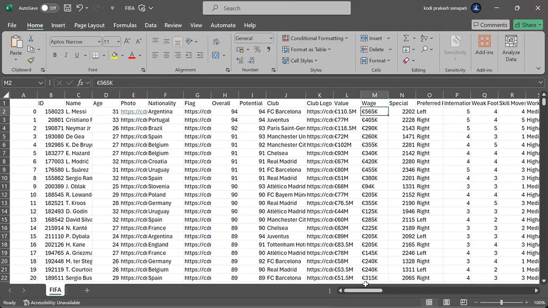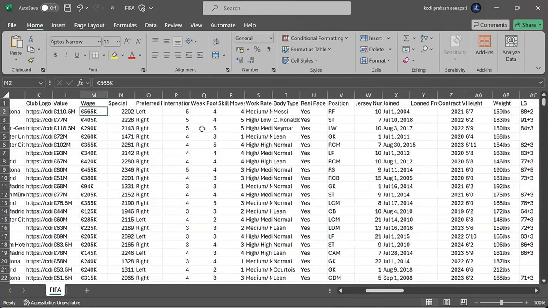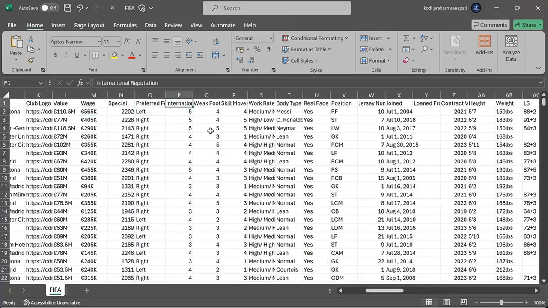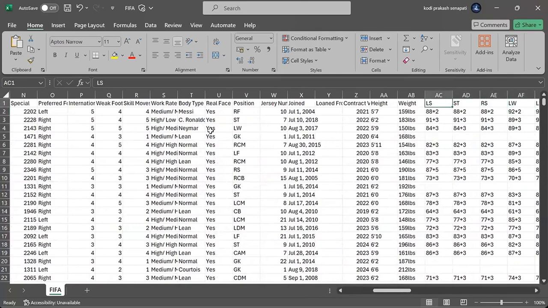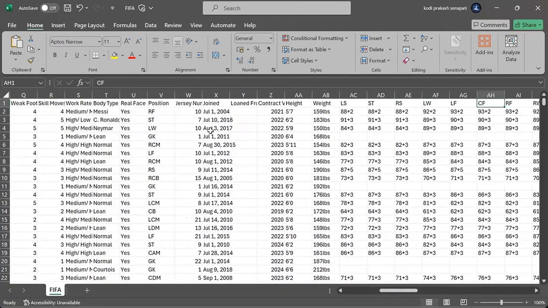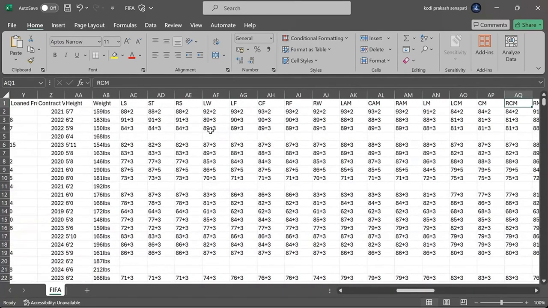Wage, salary. And he's very good at football, preferred left foot and right foot. So we have all the weak foot and skill moves. This is the jersey number, I mean t-shirt number, position, real face, body type: Messi. We have some other information, weight and height. So we have all the details over here.